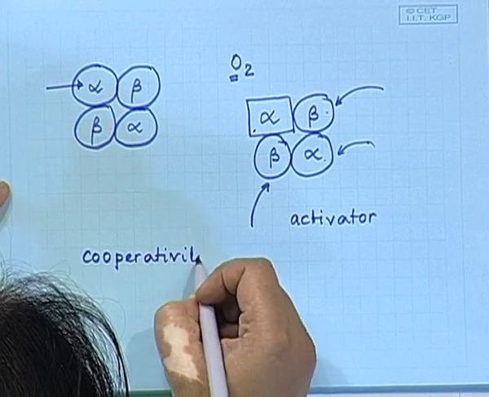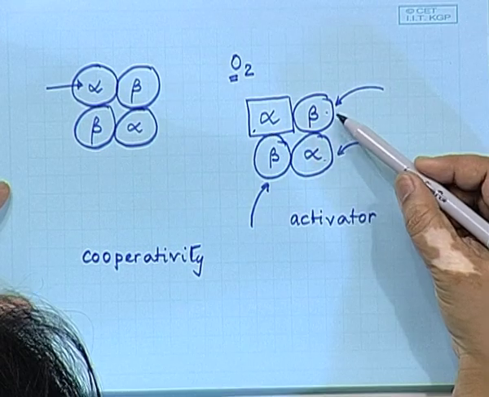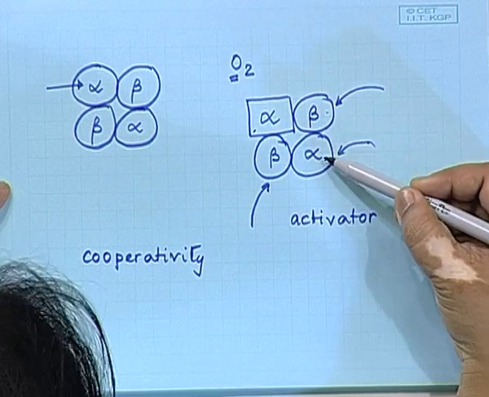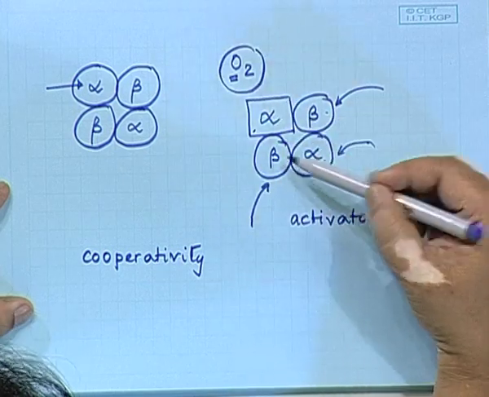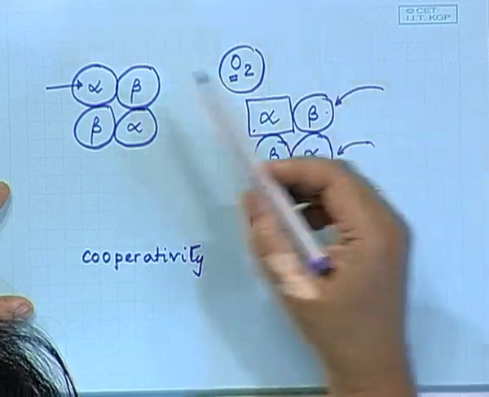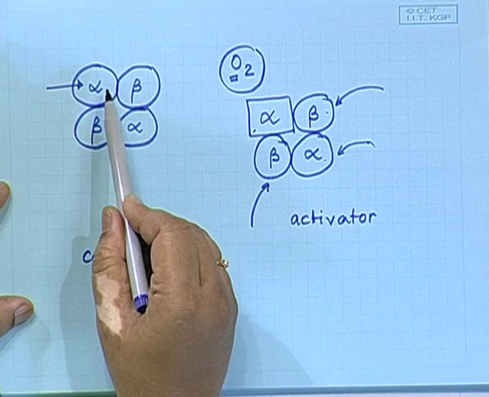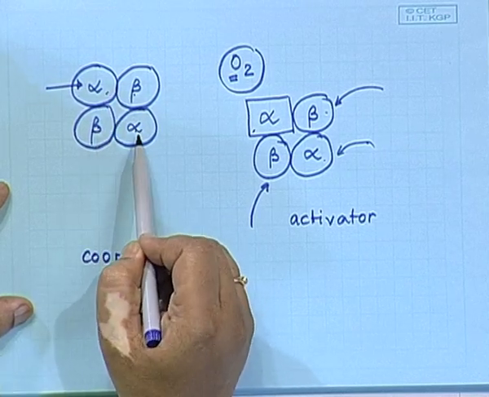What is cooperativity then? Once this oxygen is bound, it helps the binding of the other oxygen molecules, because 4 oxygens can bind. There are 4 oxygen molecules that can actually bind, but in this case the affinity for the oxygen for each case is the same.